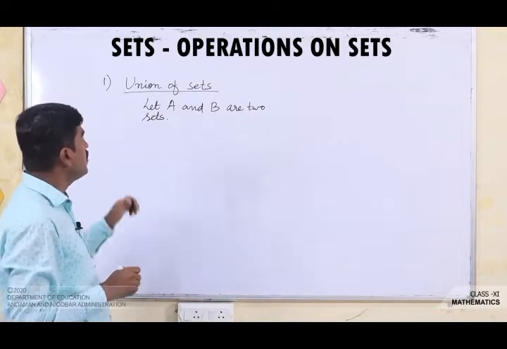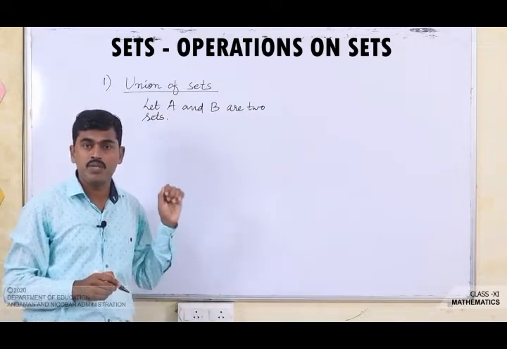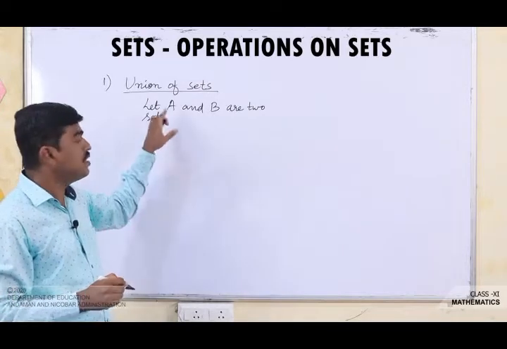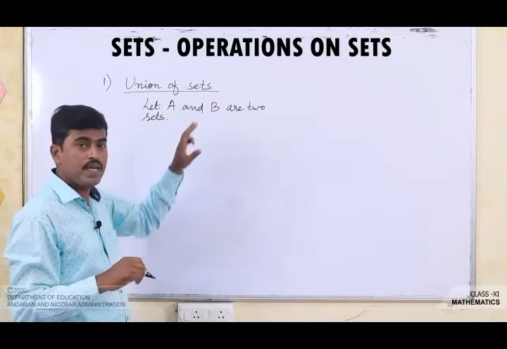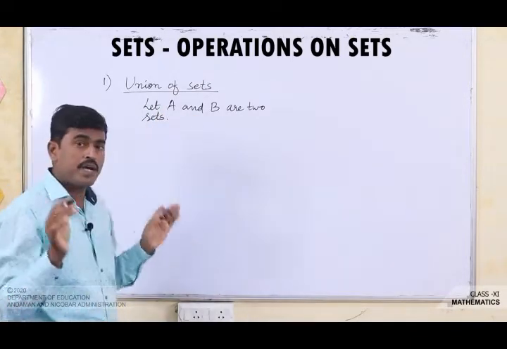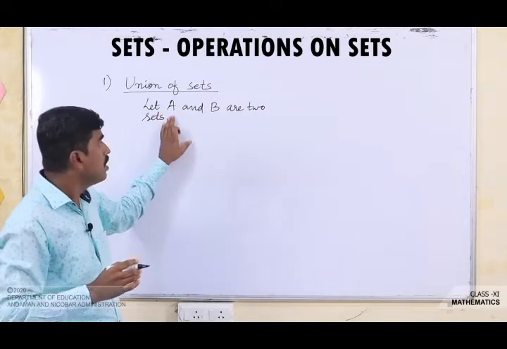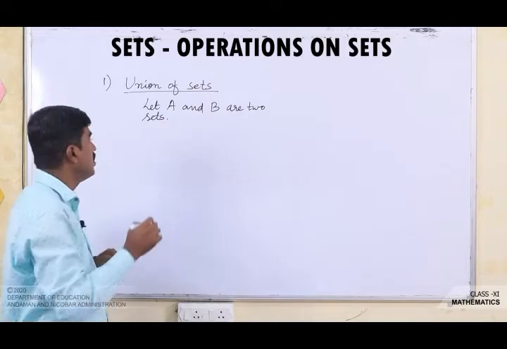Then the union of the sets A and B is the set of all those elements which are either in A or in B, including both the elements of A and B. That means we have to write all the elements of A and all the elements of B. That means we have to combine A and B.